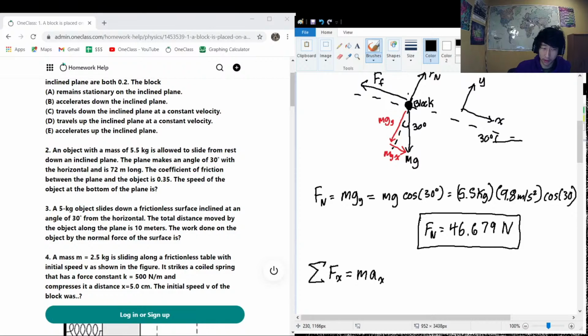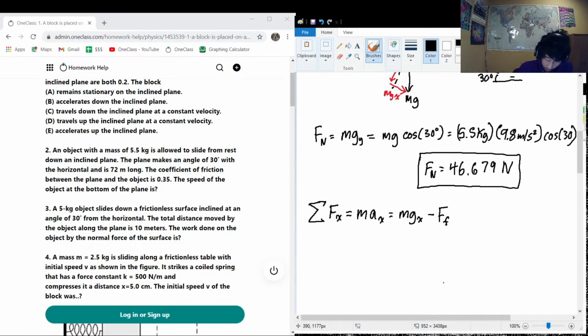And we're trying to solve for the a value. And this is going to be mgx, and mgx is positive because it's going along the positive x direction, minus force of friction. And force of friction is negative because it's going the opposite direction of the positive x direction. Pretty much the frictional force is going up the slope.